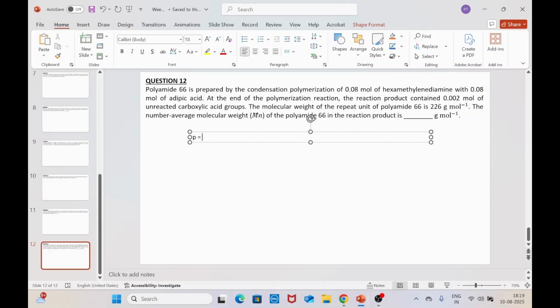The formula, if you know it, then everything again is as simple as the one that we did last week.